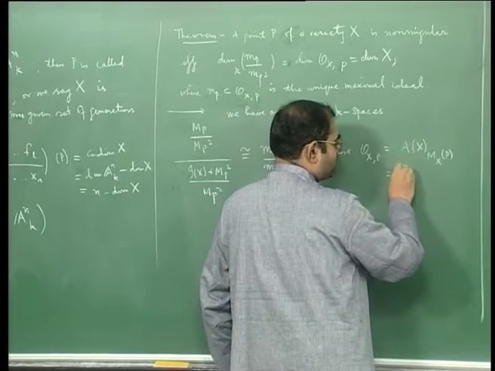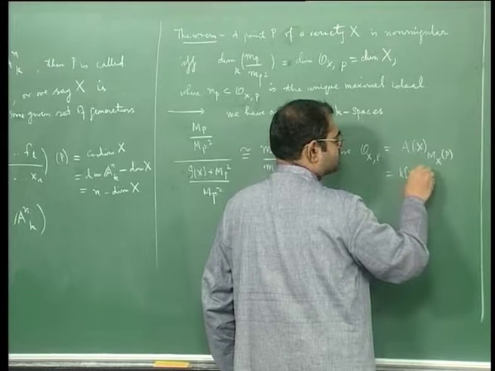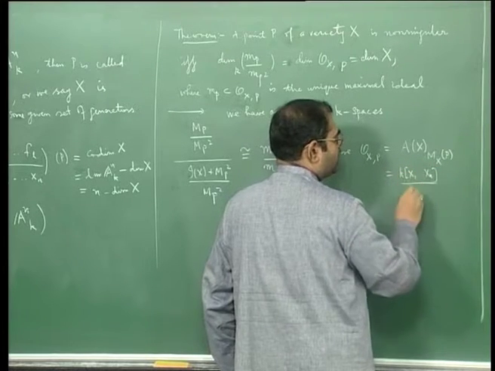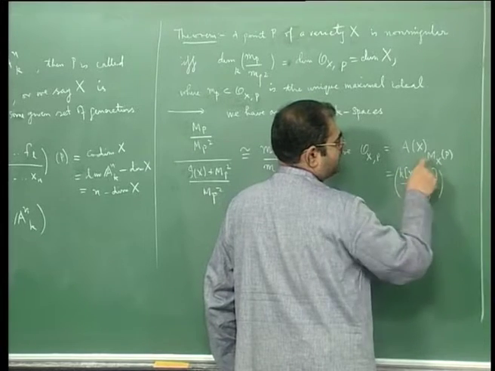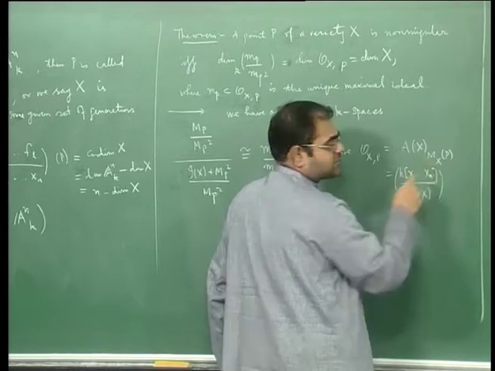But what is Ax? It is just the polynomial ring, you go modulo the ideal Ix, and then what is this maximal ideal?